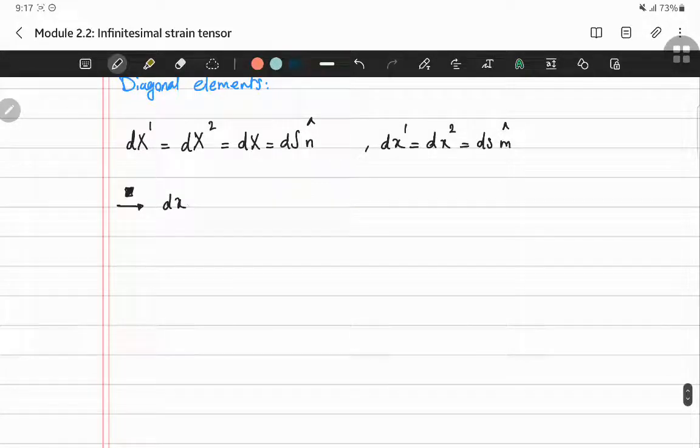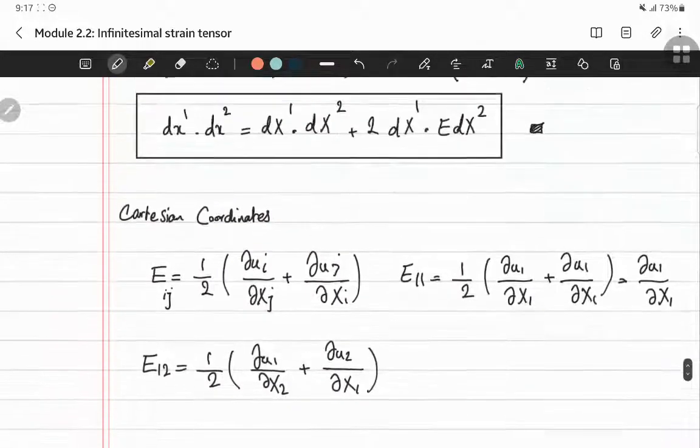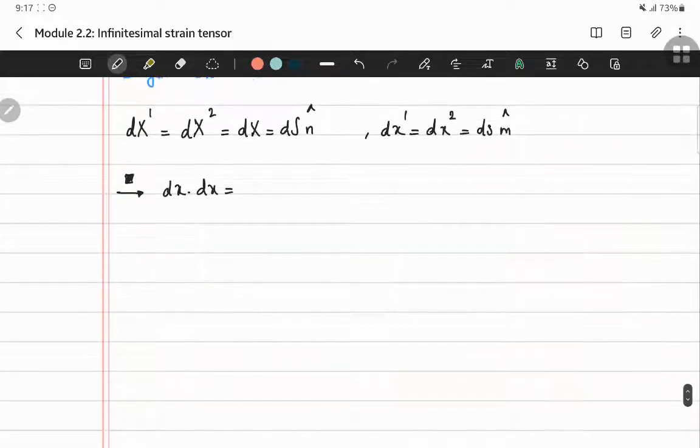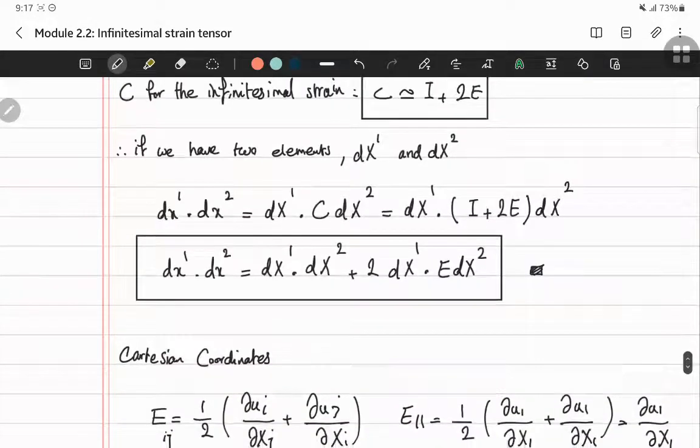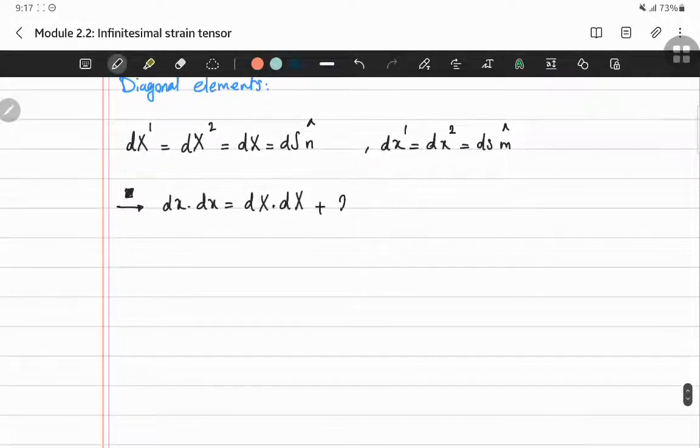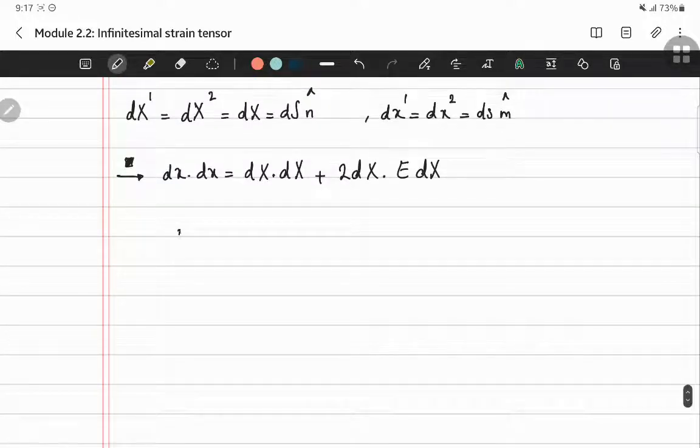So we have dx1 dot dx2. So it is dx plus 2 dx dot e dx. Since this is a dot product, it will give us a scalar field. So it is ds squared is equal to, and here we have dS capital squared plus, here we have 2, and then we have this dx, which is dS.